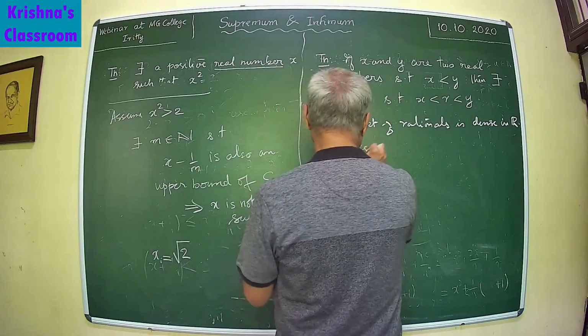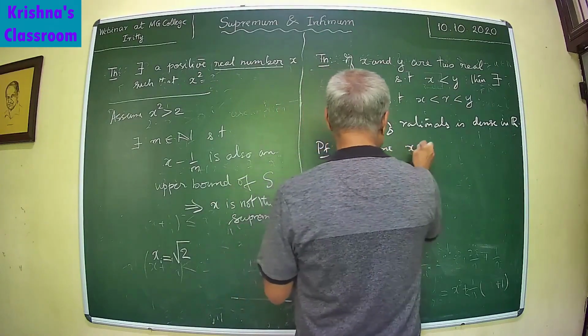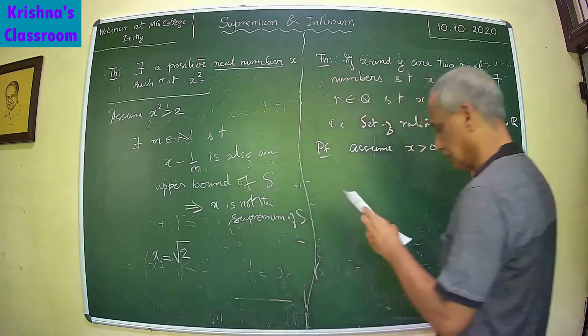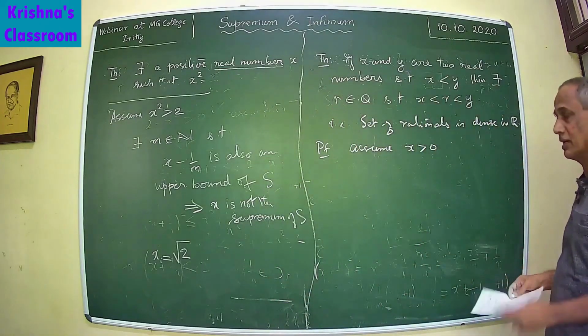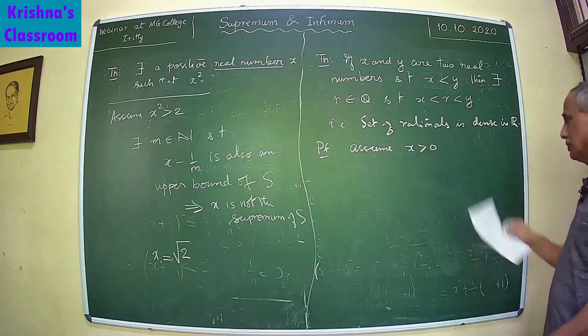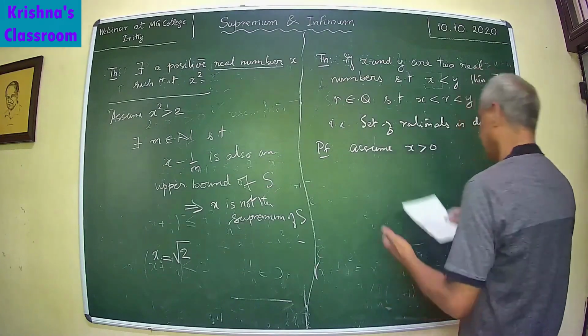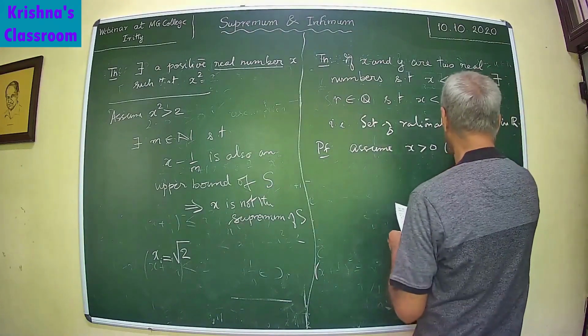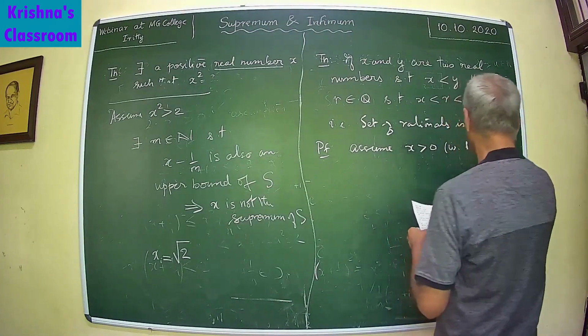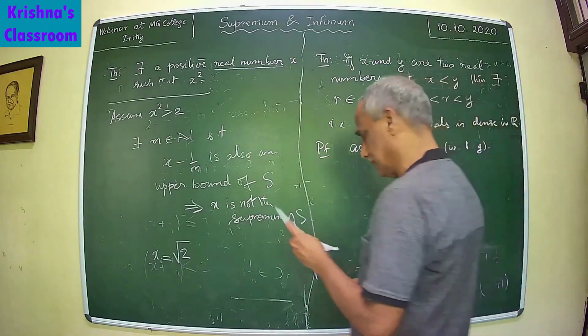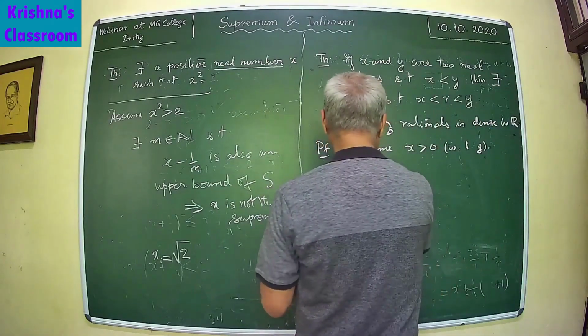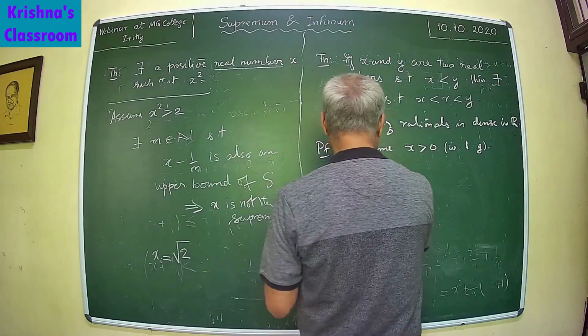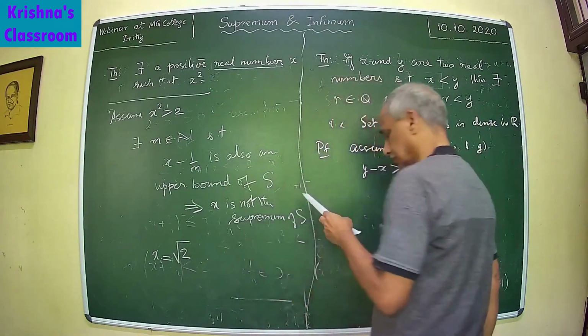Proof. Assume x is positive. Now this is an assumption that is not required. This is a sort of without loss of generality, so you have to say why it is without loss of generality. Now y minus x is positive.